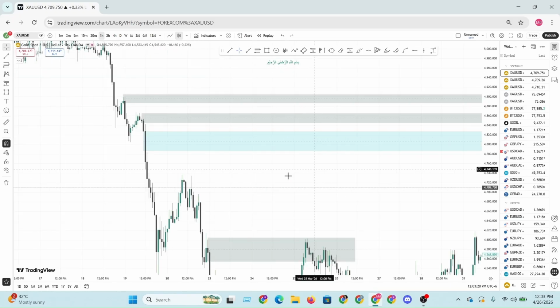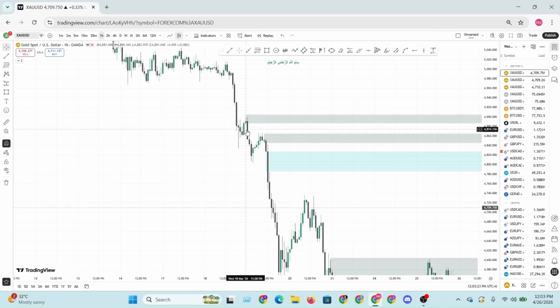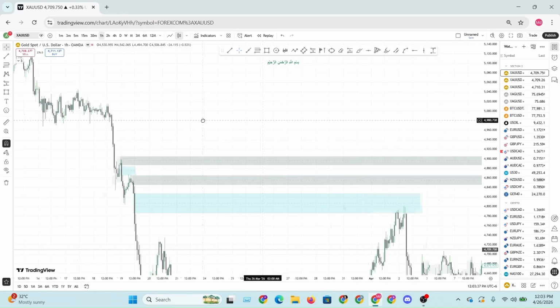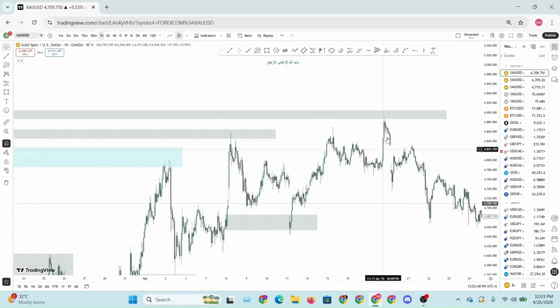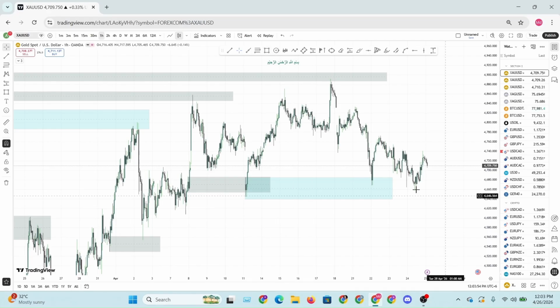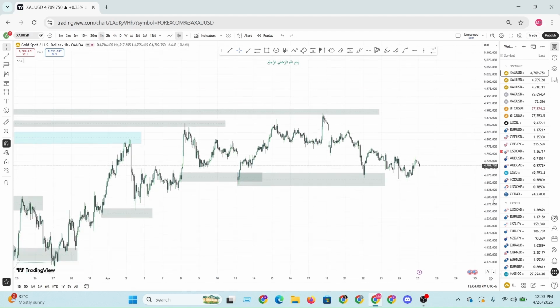Let me show you: first candle, second candle, third candle. This gap is our FVG, and the first candle is our order block. So the market gapped and gave a move downside, and then again it came here and started to give a move.